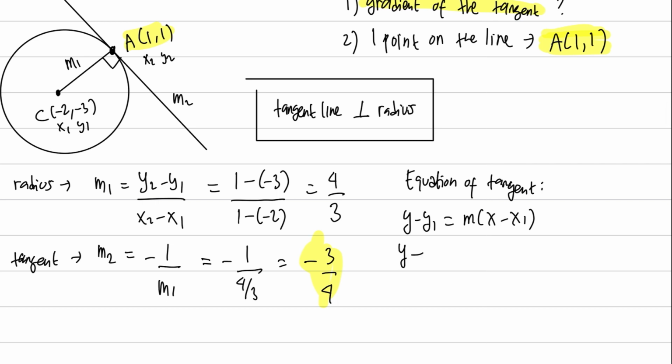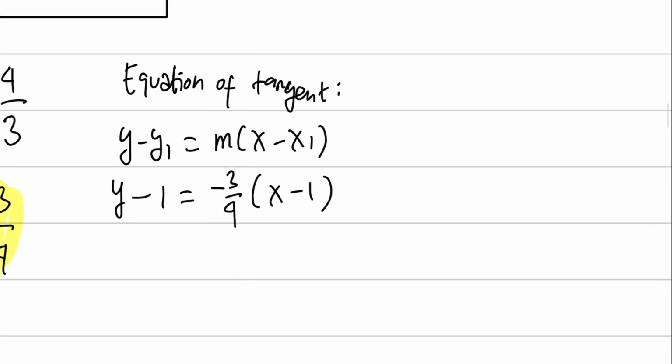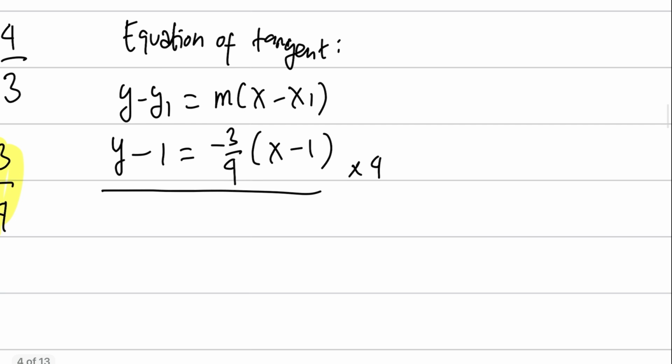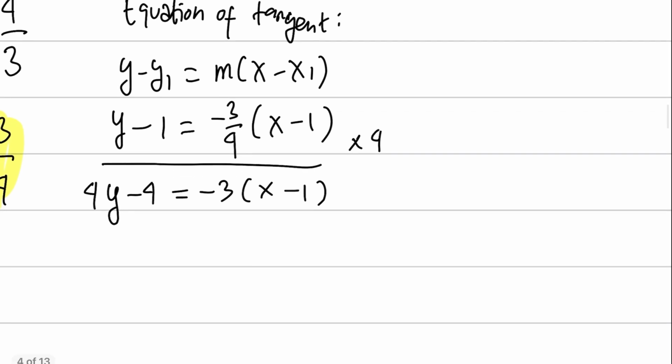So y minus 1 equals minus 3 over 4, x minus 1. So to simplify, we multiply both sides by 4 to eliminate the fraction. You will get 4 times y minus 1 equals negative 3, x minus 1. Sorry, this one for y minus 4. And then we will have y minus 4 equals minus 3x plus 3.